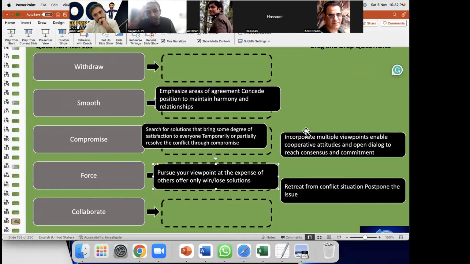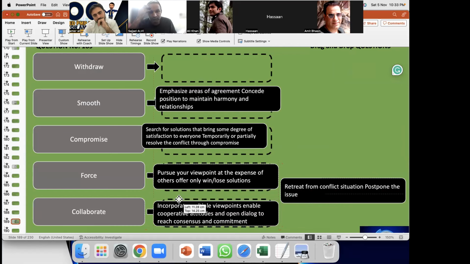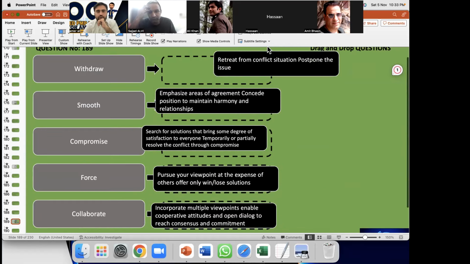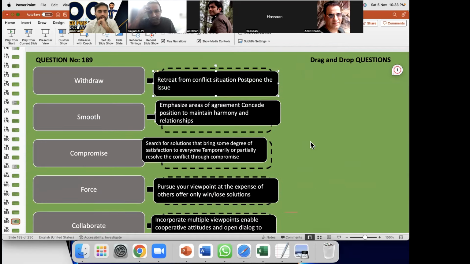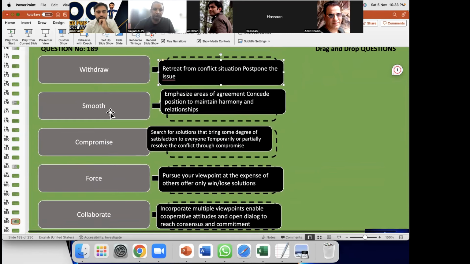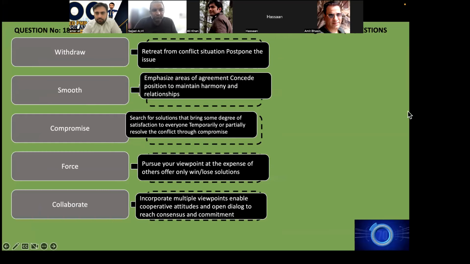Incorporate multiple viewpoints, enable open dialogue, reach consensus and commitment is collaborate. Withdraw can also be called avoid. Smooth can also be accommodate. Compromise is compromise. Force can be direct. Collaborate can be problem solving. So these are some of the conflict management strategies.